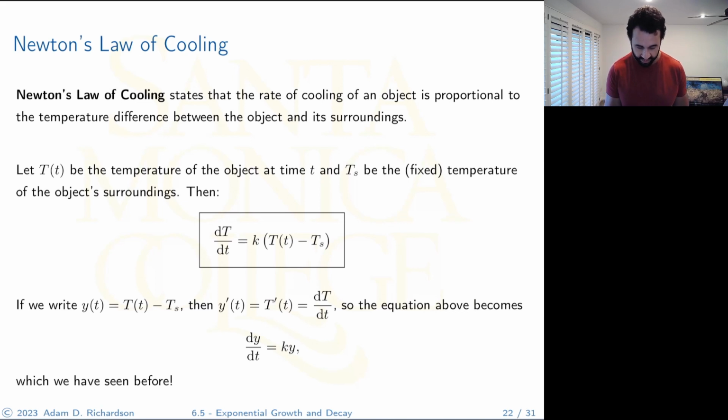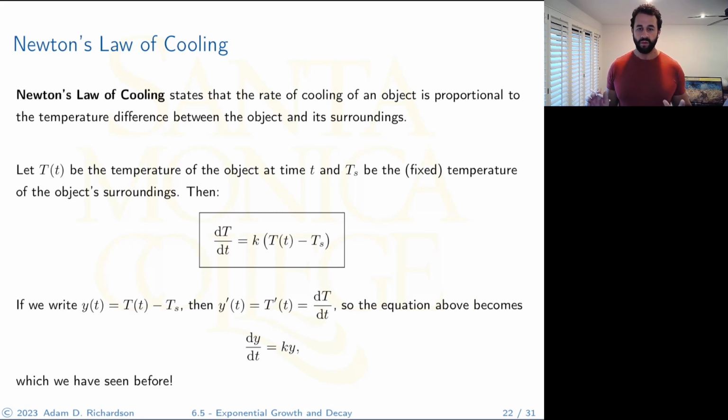So if we let T of t be the temperature of the object at time t, and T sub s be the fixed temperature of the object's surroundings, then the law of cooling says that the change in temperature will be proportional to the difference between the object's temperature and the surrounding temperature.